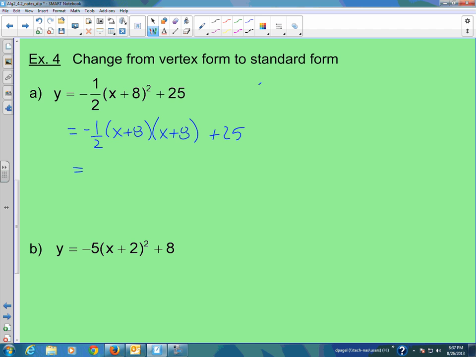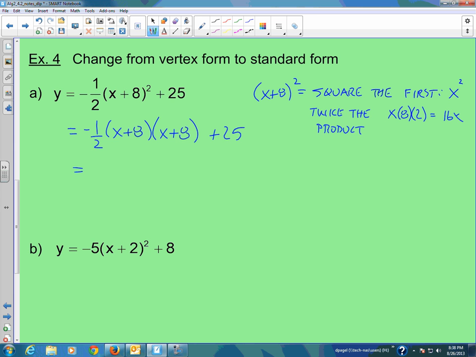There is that rule, I don't know if you're familiar with this, but if you're squaring a binomial, you could always come up with an answer by squaring the first term. That would be x times x, so we get x squared. And then twice the product. What that means is you take the x and you multiply it times the 8, and you multiply that times 2 for twice, and you get 16x.